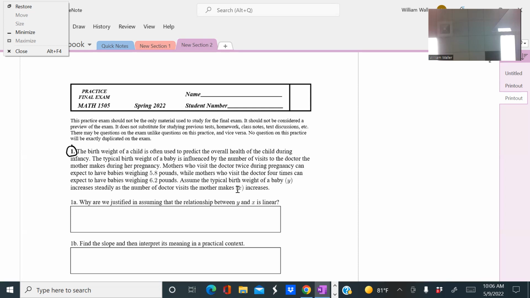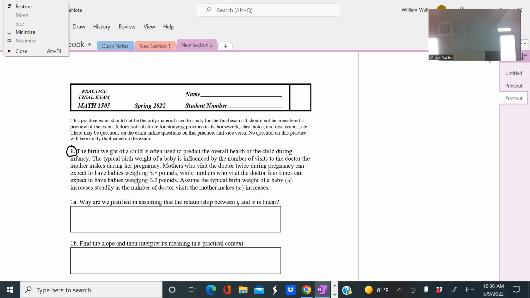So there's your quantity Y and there's your quantity X. And it says, first question, this is just a thought question, right? Why are we justified in assuming that the relationship between Y and X is linear? What is it in that setup that lets you know that that quantity Y and that quantity X are related by a linear relationship? The steady increase, right?